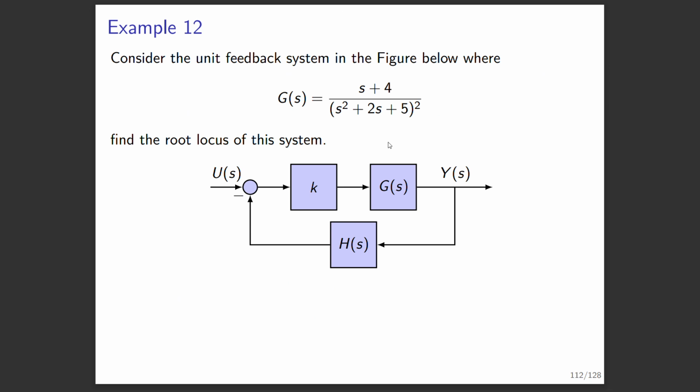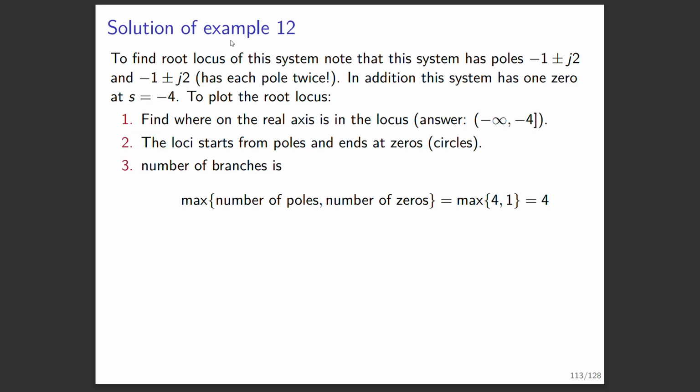The reason why this is important is because we have repetition of poles. So if I look at the zeros and poles, I have a 0 at -4, but my poles are -1 plus minus j2 twice.